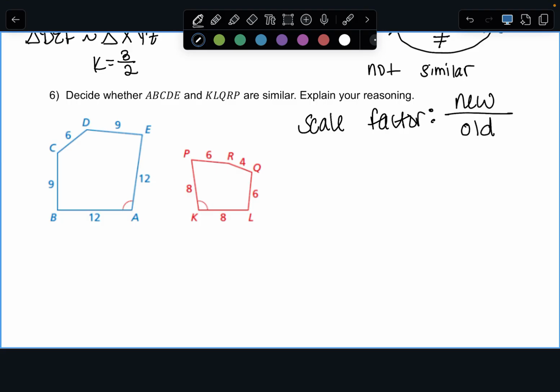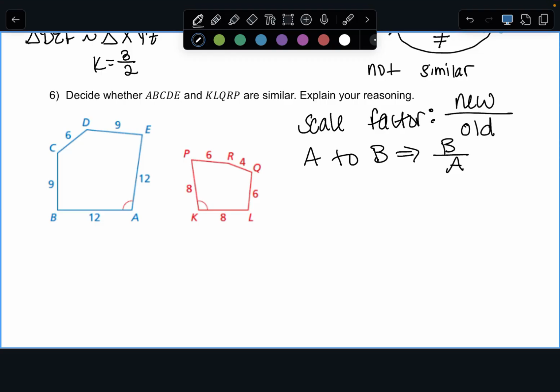So if it's the scale factor from A to B, B is my new shape, and it needs to go on top. So the second one listed usually goes on top. This only matters when it says find the scale factor. If you're just finding unknown variables, you can mix them up whichever way, it doesn't matter. But if it says find the scale factor, this is what I want you to do, new over old.